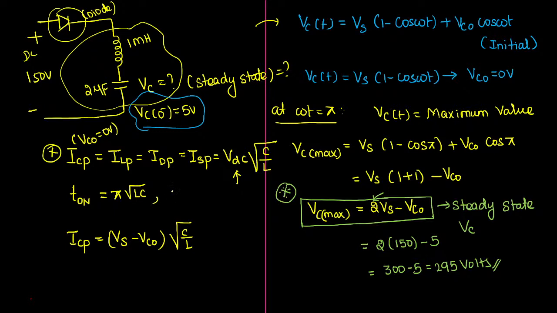Then without initial voltage, if you calculate the peak inverse voltage, the maximum negative voltage that can be blocked by the diode, that will be simply equal to the supply voltage when there is no initial voltage. And this peak inverse voltage will become equal to supply voltage minus initial voltage when the initial voltage is given. So these are some of the important things that you need to know about this.